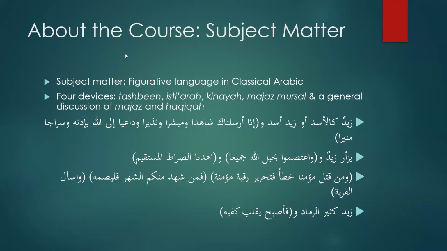That is their alaqa. Whenever you have any figurative device in Arabic, there's always the uttered words, the uttered expression, and then there's the intended meaning. What takes you from the uttered expression to the intended meaning? We're going to get into that. That's called the alaqa, right? What takes you from one to the other is the alaqa.